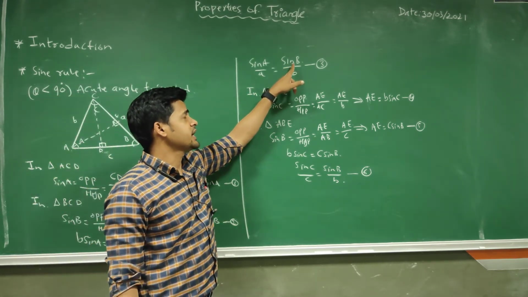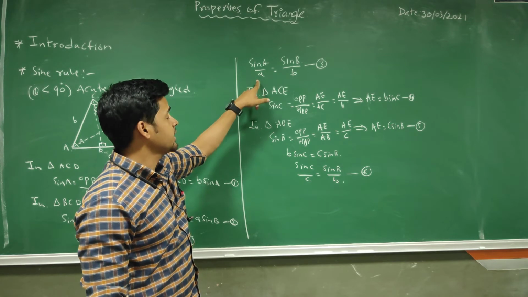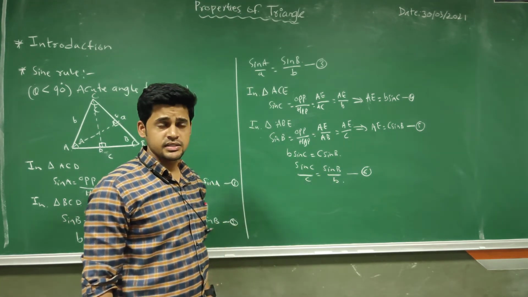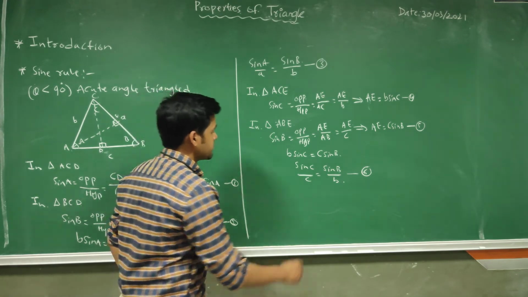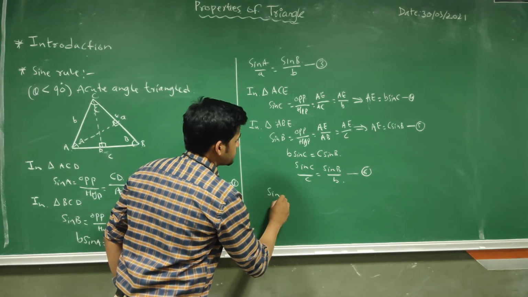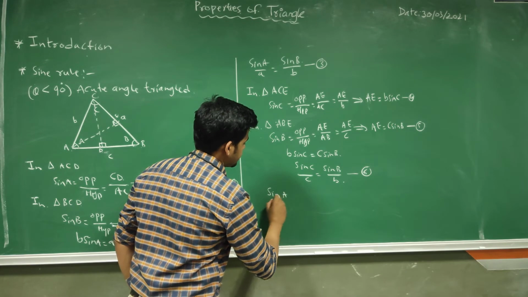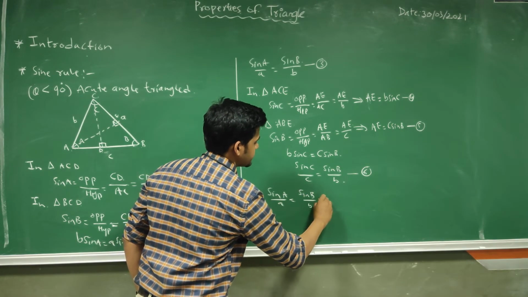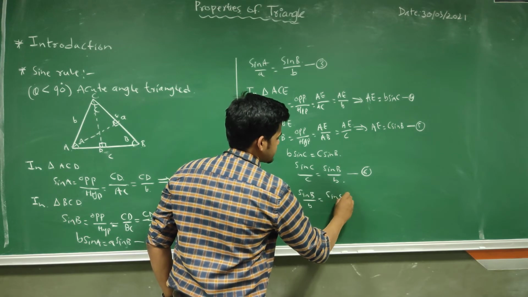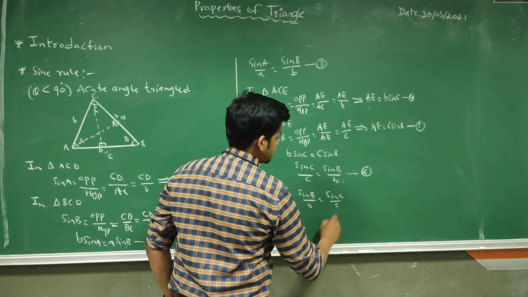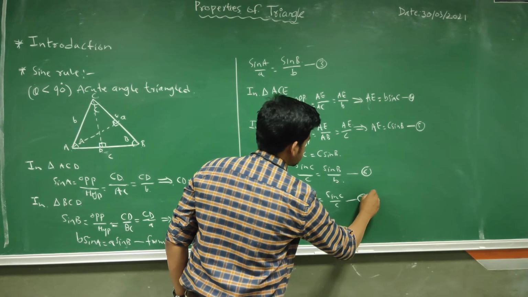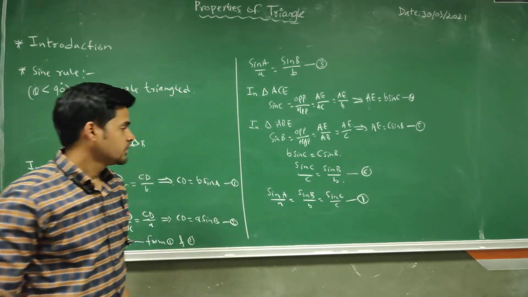Because here we have sin B by B is equal to sin A by A, and here we have sin B by B is equal to sin C by C. So I am able to write that sin A by A is equal to sin B by B is equal to sin C by C. Let's take equation number 7.